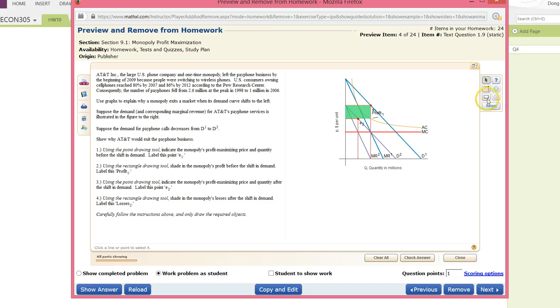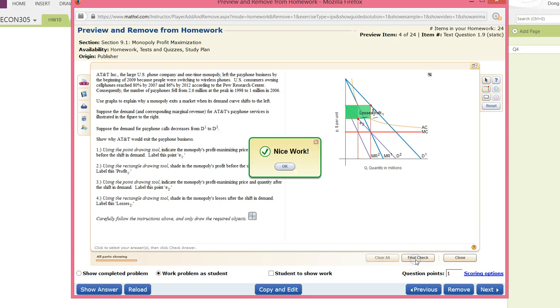Using the rectangle tool, one point is here, and another point is the same point on the horizontal axis, on the AC curve, and extend that to the vertical axis. This is the loss, because the average cost is greater than the price. So that's my loss. Now I can check my answer. Nice work.